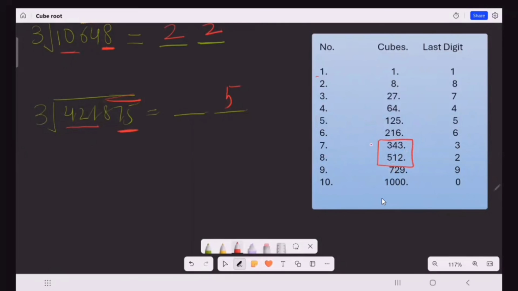The corresponding number of 343 is 7 and the corresponding number of 512 is 8. So now I'm going to take the lower number of these two, that is 7. I'm going to plug in this 7 in our tens place. Our answer for the cube root of 421875 is 75.